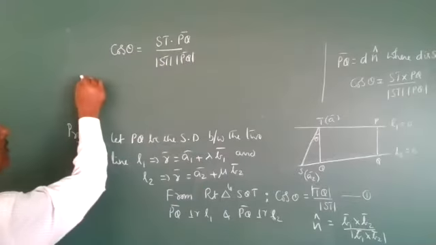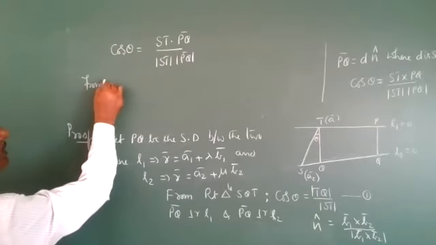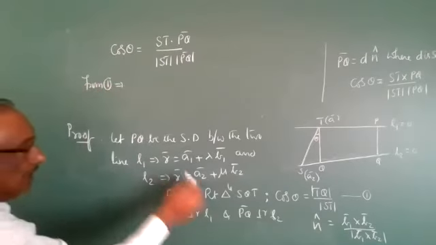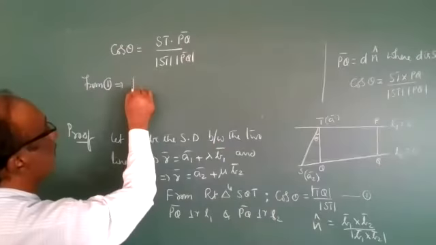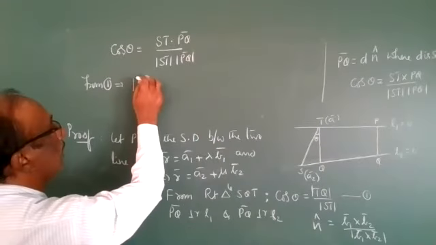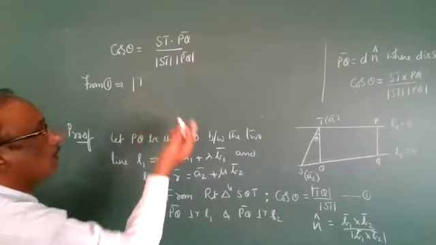From equation 1, what is the cos theta value? Write down: cos theta is equal to modulus of TQ. TQ means it is equal to PQ only.